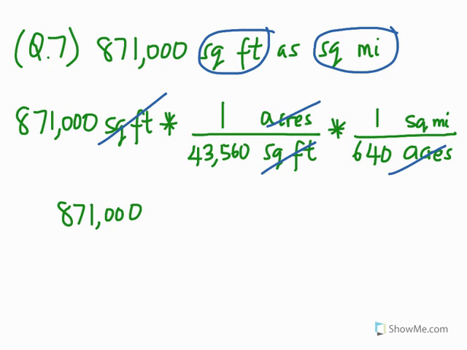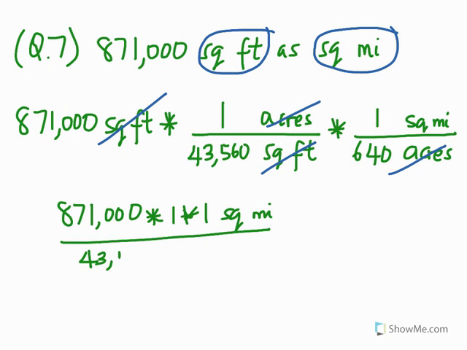So you now have 871,000 times 1 times 1 square mile, all over 43,560 times 640. You have to do this using the order of operations so that you don't make mistakes.